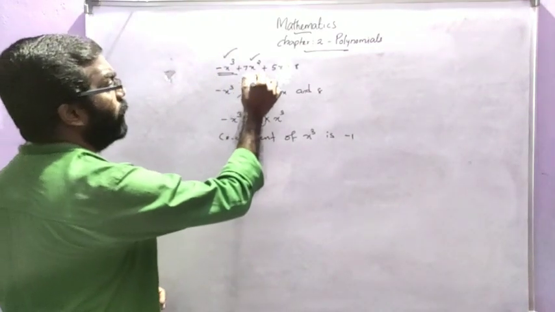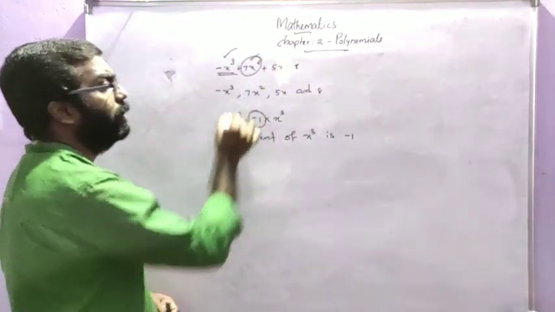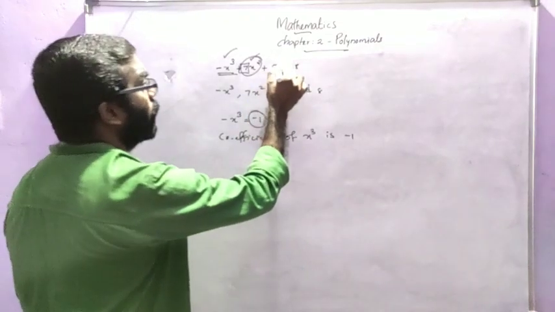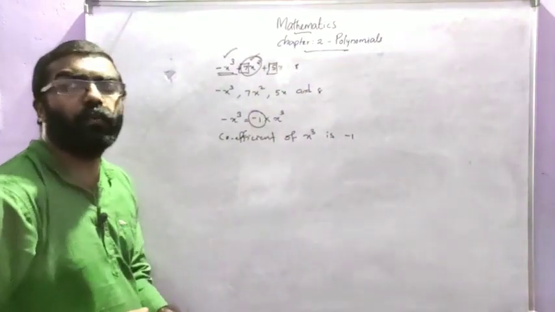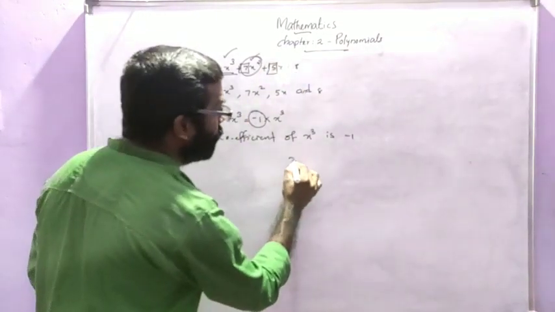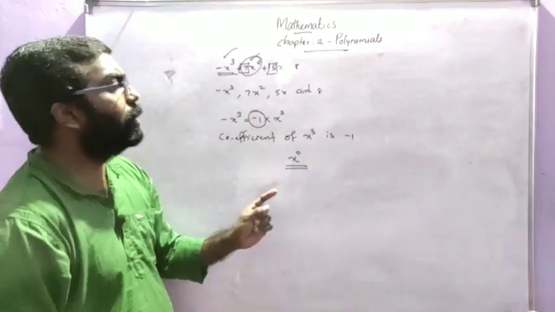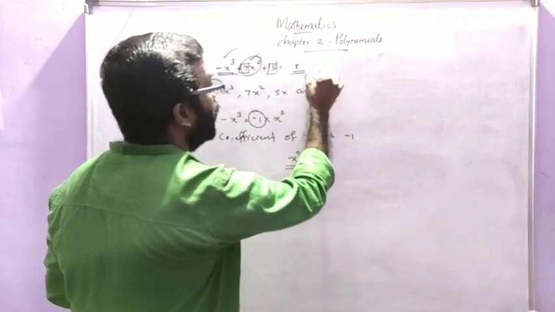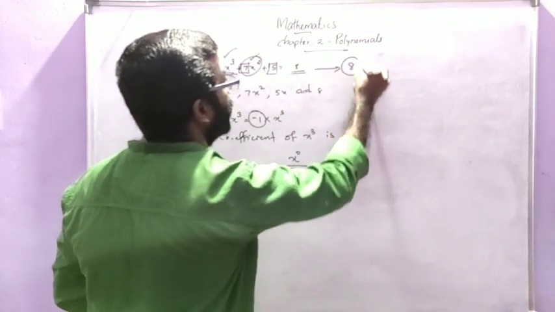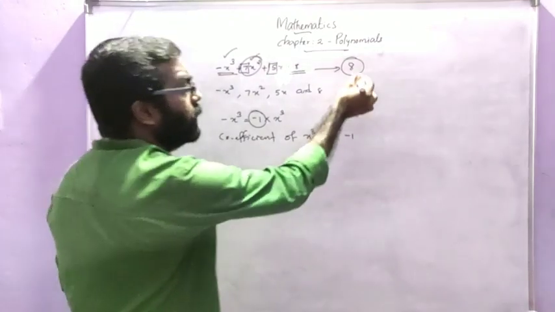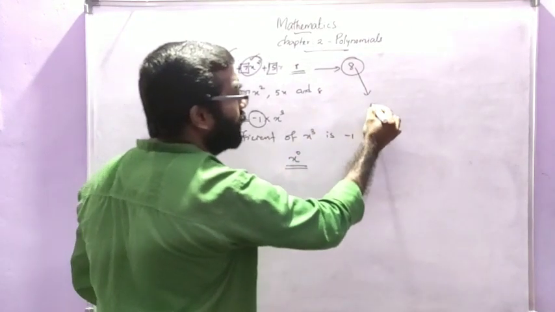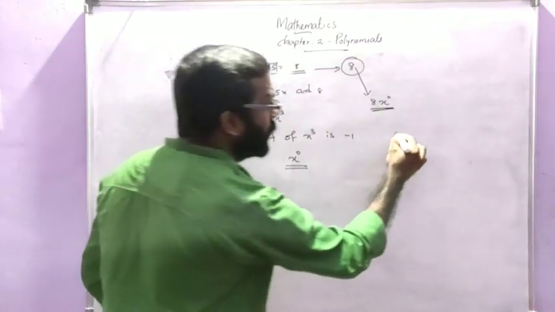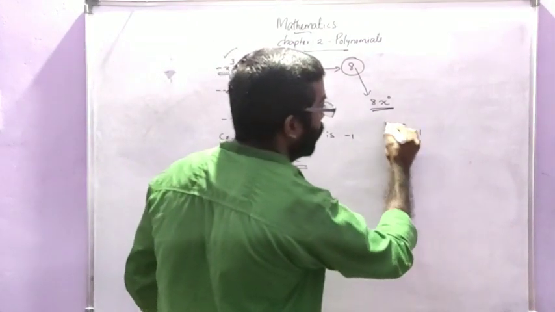In the second term, what is the coefficient of x square? It is 7. The coefficient of x is 5. And what is the coefficient of x raised to 0? In this polynomial the constant term is 8, and this 8 can be rewritten as 8x raised to 0, as you know any non-zero number power 0 is equal to 1.